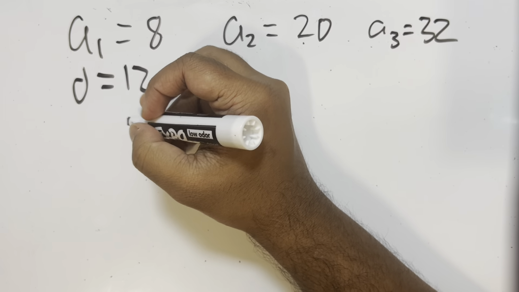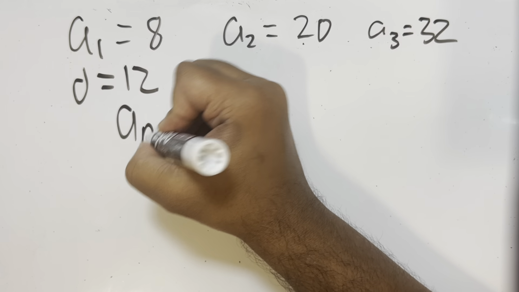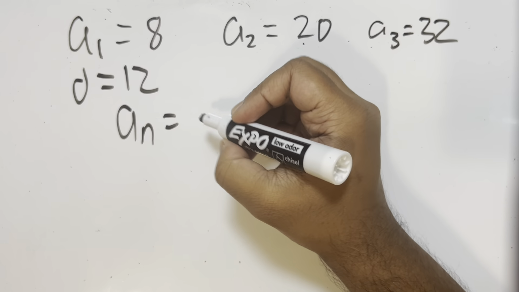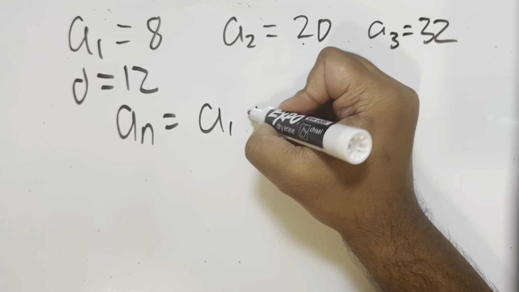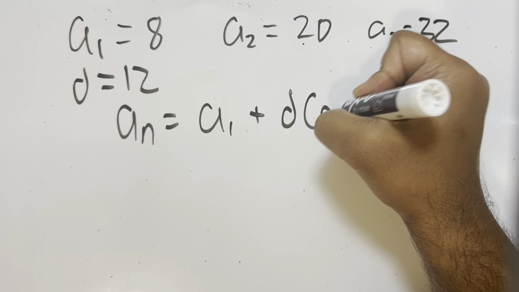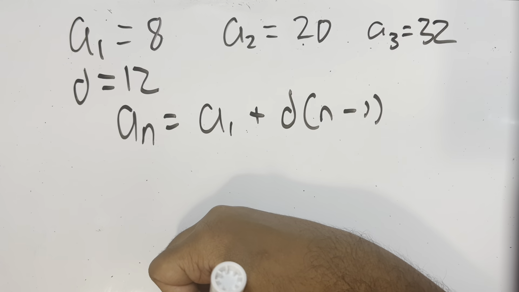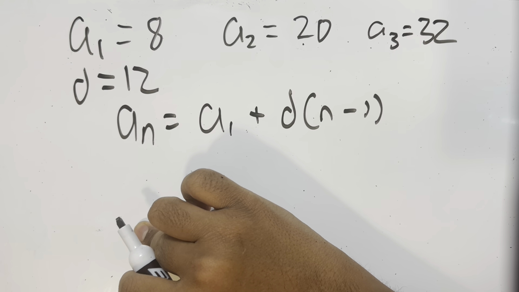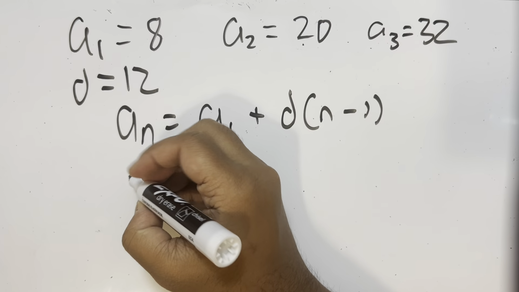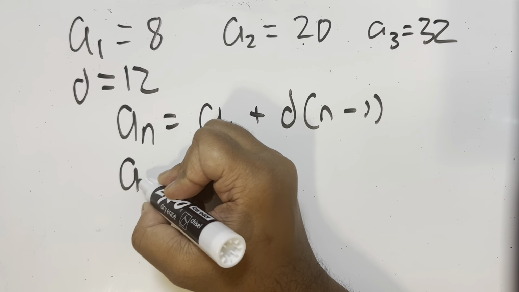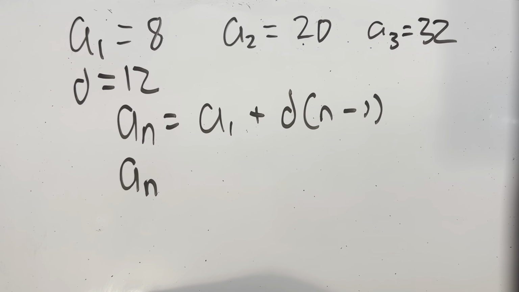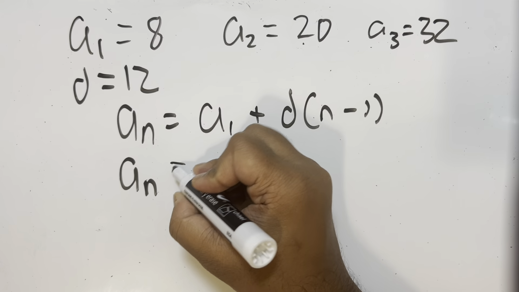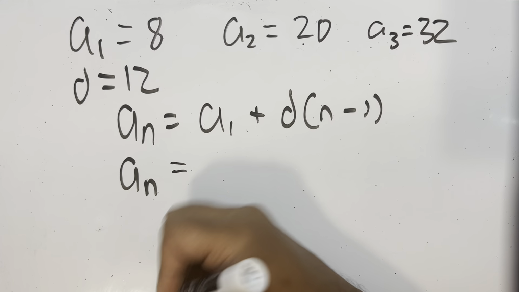Remember, it's A of n equals A1 plus d times n minus 1, right? That's the general formula. Now all I have to do is plug in to find the explicit formula, right? So we have to find any day Gandalf travels, A of n, we have A1. So what's my A1? 8.